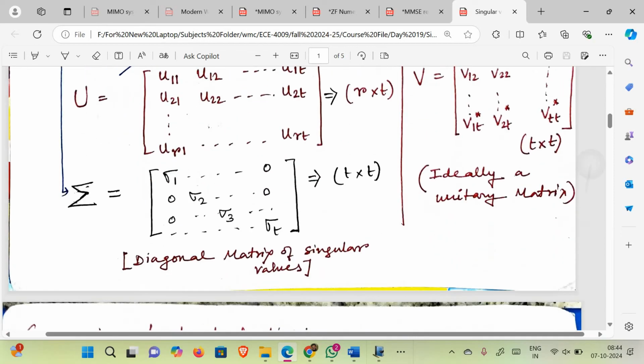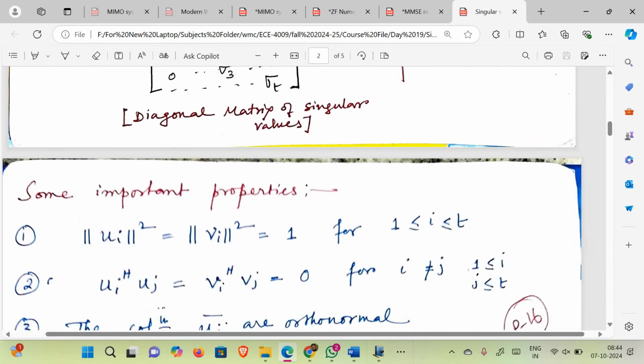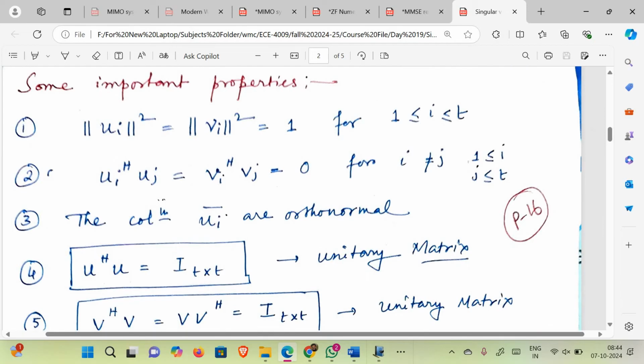Please make a note of these properties, because this is very, very important from this point on. All the questions related to this sum up to these properties, whether your decomposition follows them or not. As they are unitary matrices, some of the cases come directly from the matrix point of view.